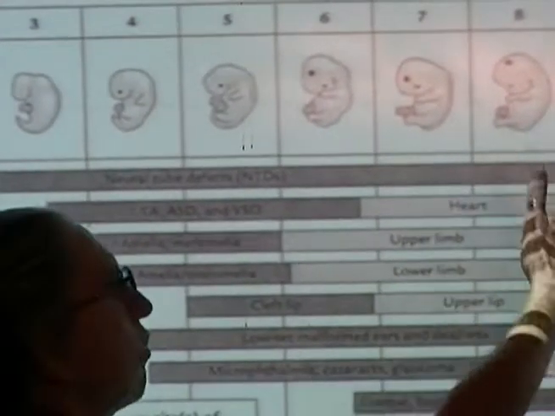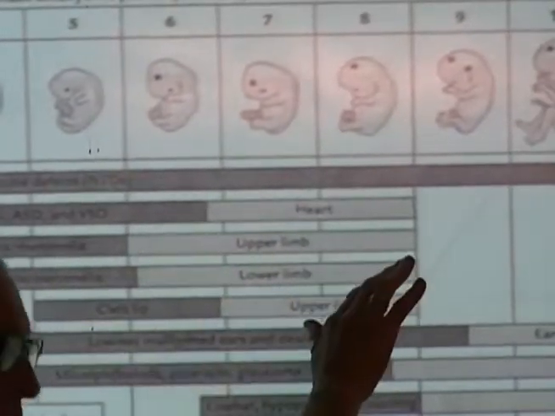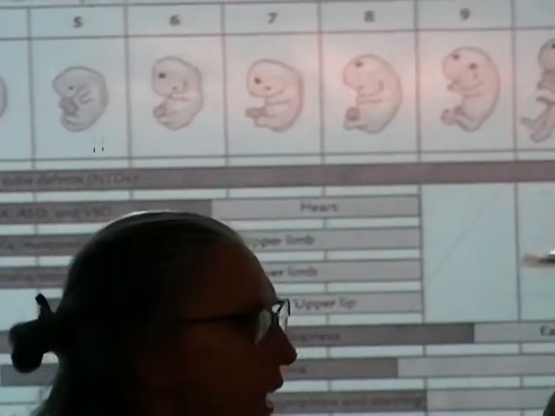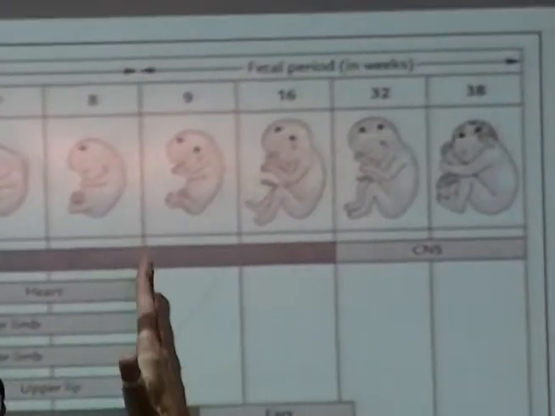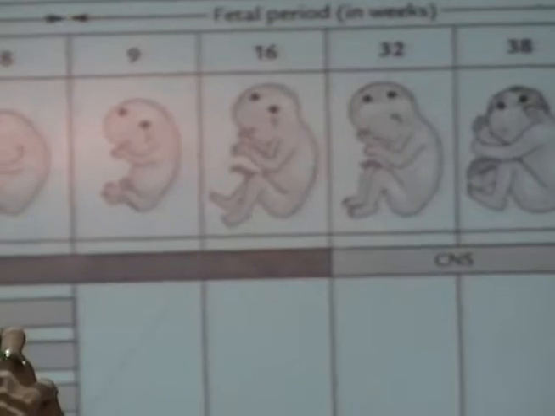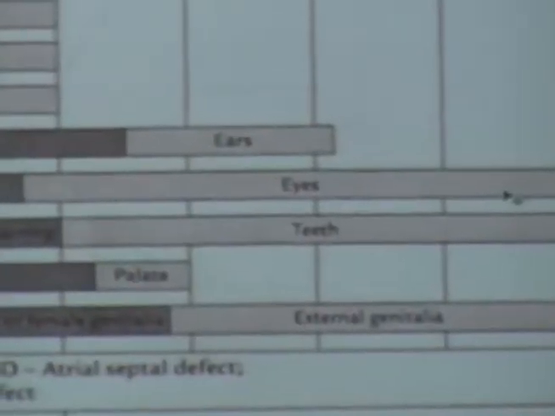Once the bar is finished, it means that particular tissue is done developing, so anything coming into the system via the placenta after here isn't going to affect it. It's done. Does that make sense?